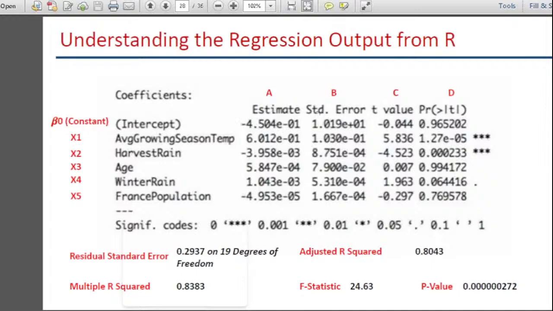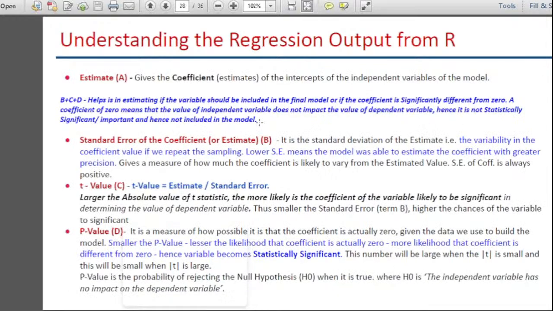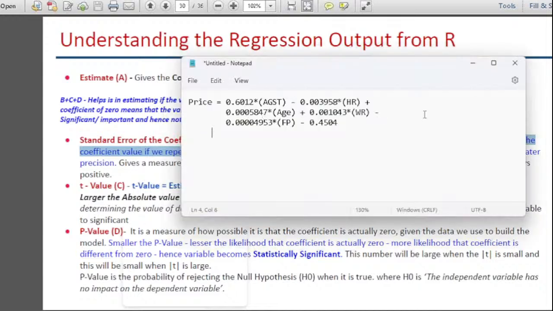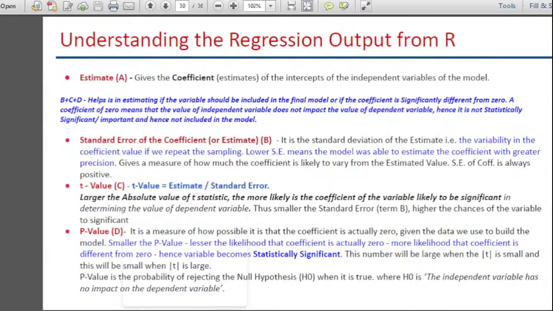The standard error tells you the standard deviation of the estimate. It is the variability in the coefficient value if we keep repeating the samples. If I take another sample from the population and run the model, of course I will not get the same coefficient. I'll get a different coefficient, so there will be some standard deviation of the estimate. This is giving you that.